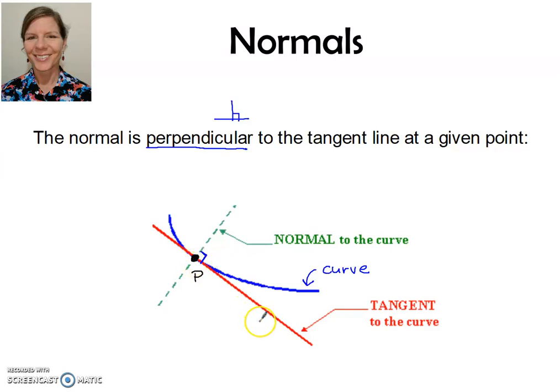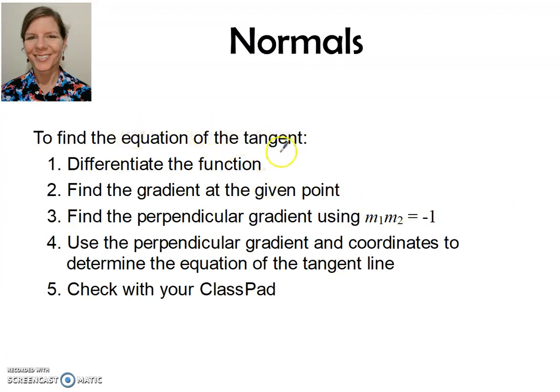So we can find the normal in exactly the same fashion as we find the tangent equation. It's just one more step. So find the equation of the normal line. Differentiate the function, find the gradient at the given point, then you need to find the perpendicular gradient, so that's the extra step.